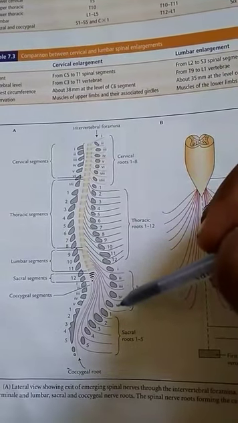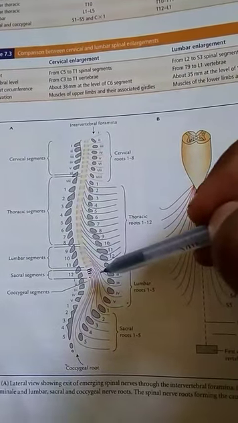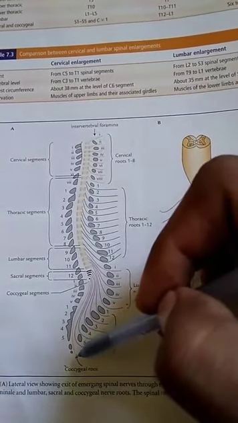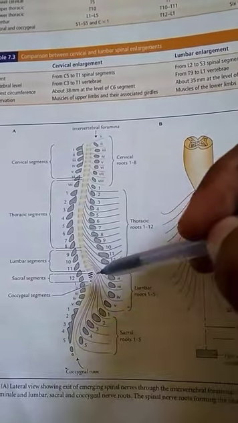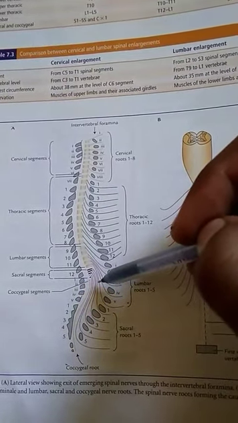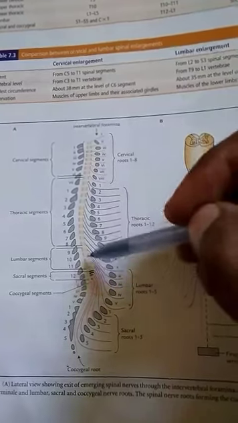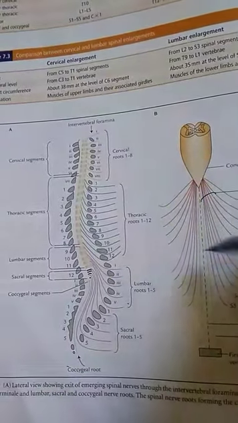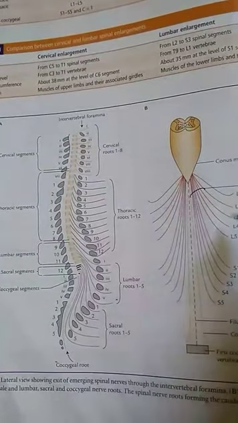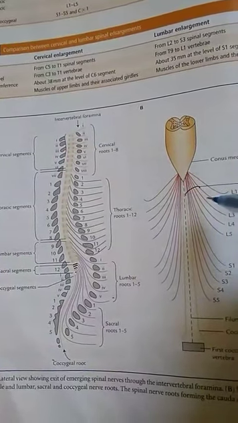Because of this, the last 4 lumbar, all 5 sacral and the coccygeal nerves take a somewhat vertical course and form a bunch of nerves around the filum terminale. That bunch of nerves resembles the tail of a horse and is known as the cauda equina.